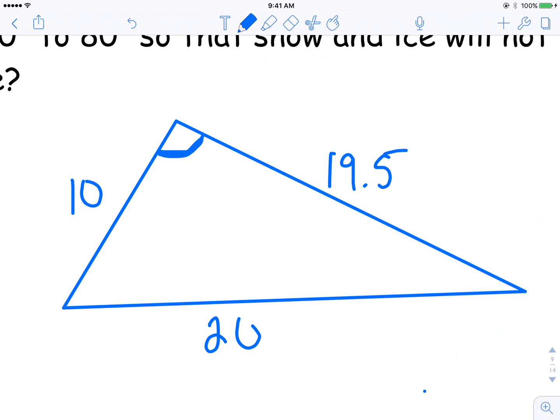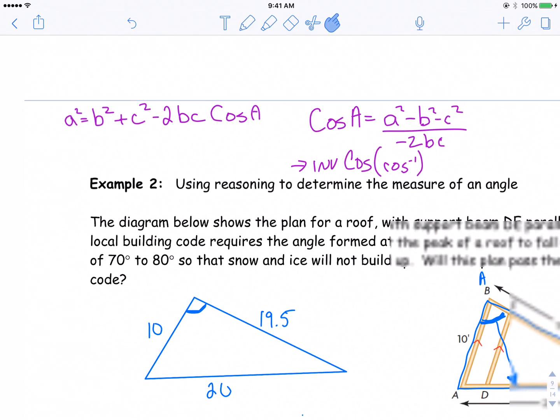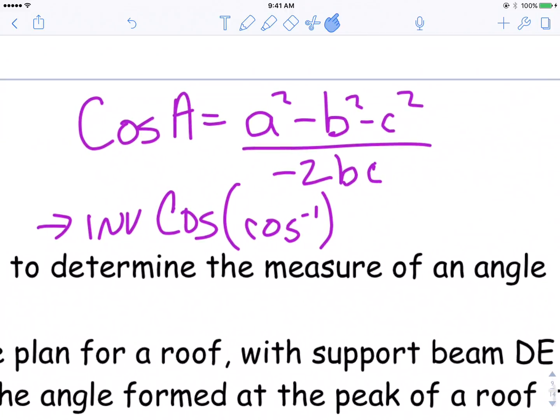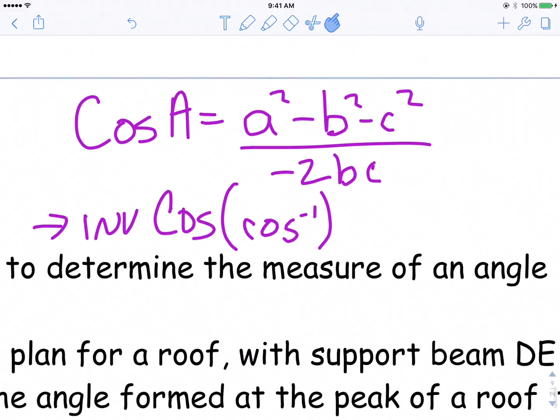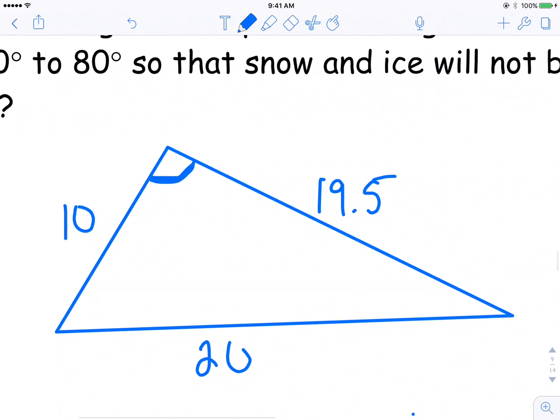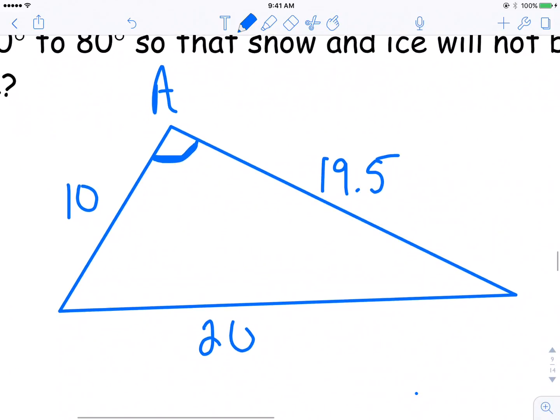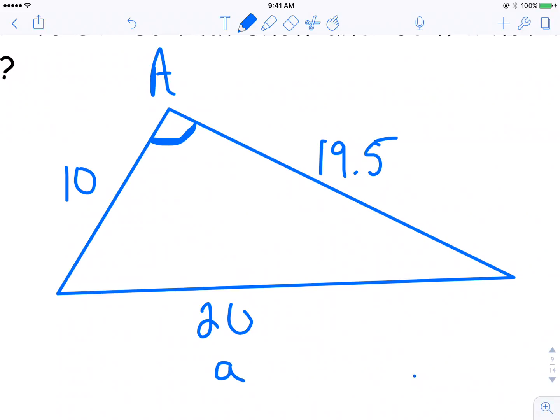Now, because of the format of the formula, cosine A is equal to a squared minus b squared minus c squared divided by negative 2 times b times c, the angle that I'm looking for has to be angle A. So I relabel my triangle so that angle A is in the right place. I'm going to call this A, although in our drawing it was B. This would be side A. B and C don't matter where they go. And I substitute into my formula.